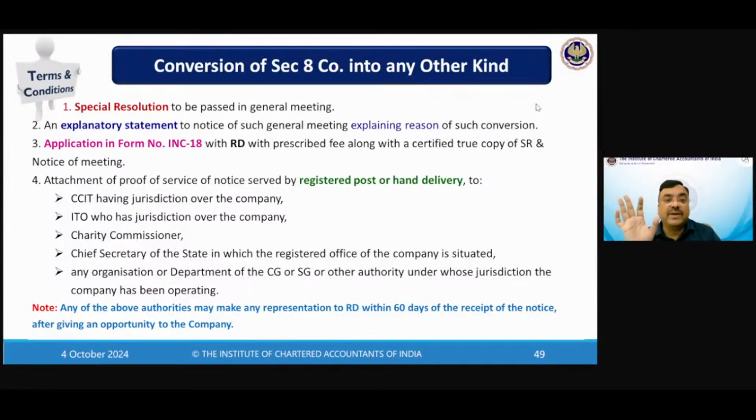Application in form number INC 18 should be submitted to the regional director with the prescribed fees along with the certified true copy of the special resolution and notice of meeting with explanatory statement.